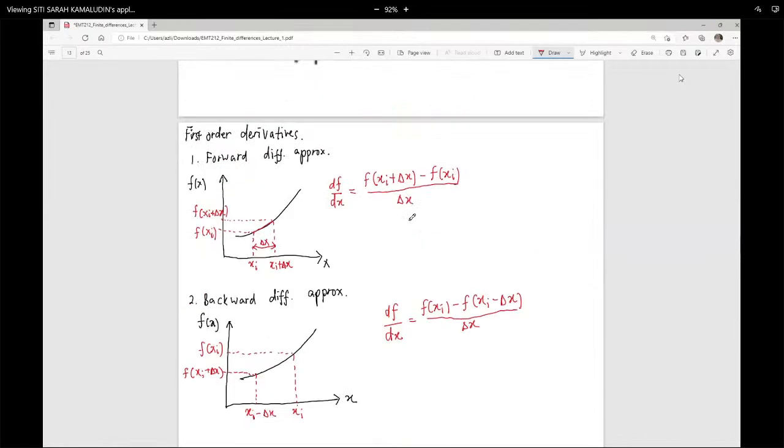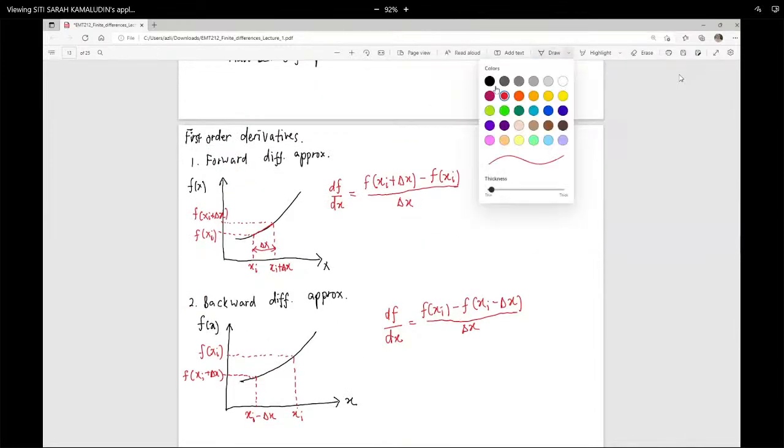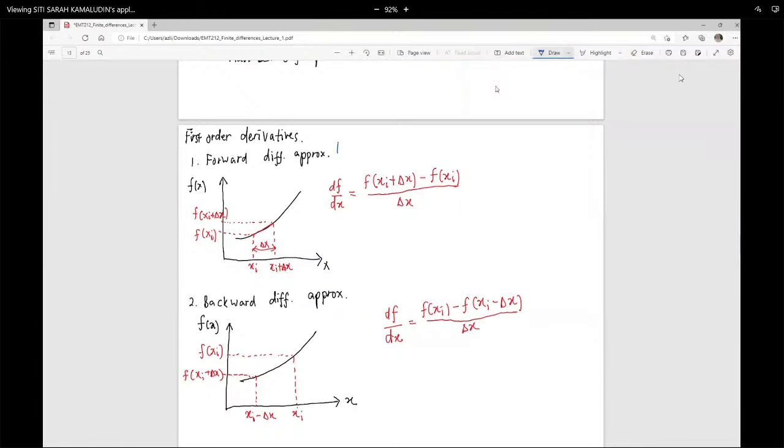So forward difference we also call implicit, and backward is often called explicit.